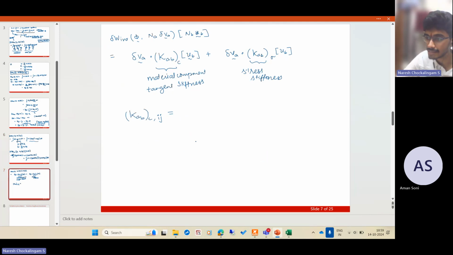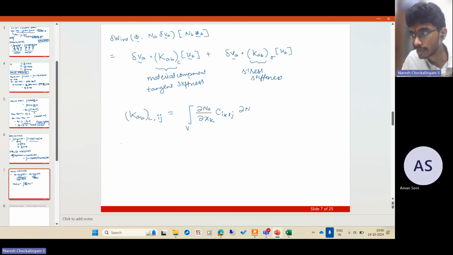So the ijth component of the material tangent stiffness matrix is given as the integral over the volume of dou Na by dou xk, C IKLJ, dou NB by dou xk dV.